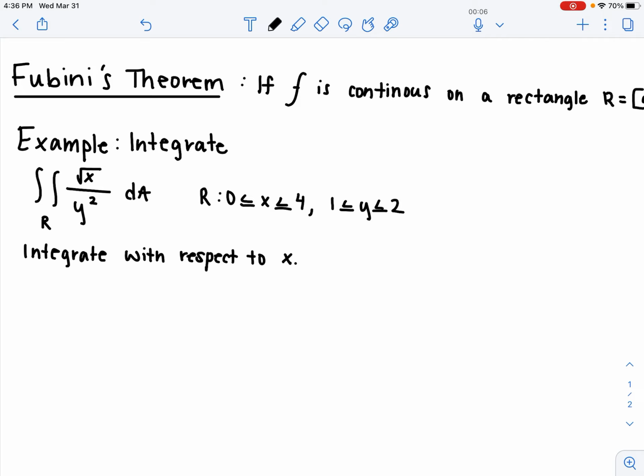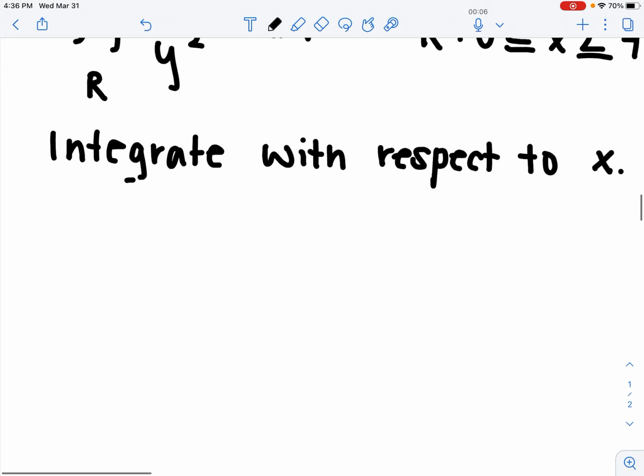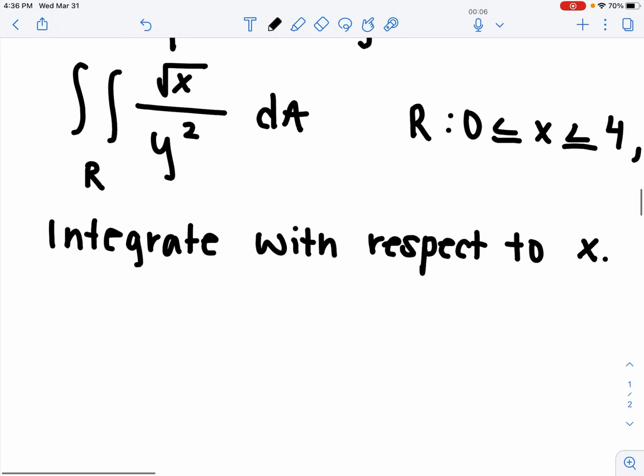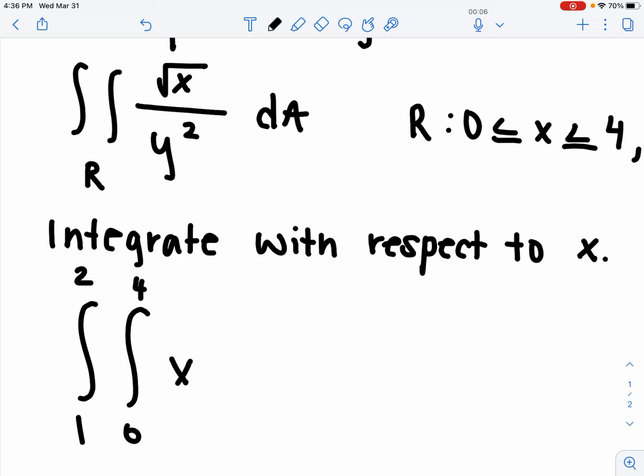So for this example, we're going to do it with respect to x. So we will write it out like this: 0 to 4 and 1 to 2, and I'm just changing the square root here and rewriting it, dx dy.